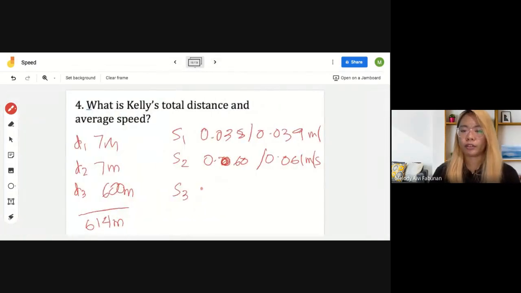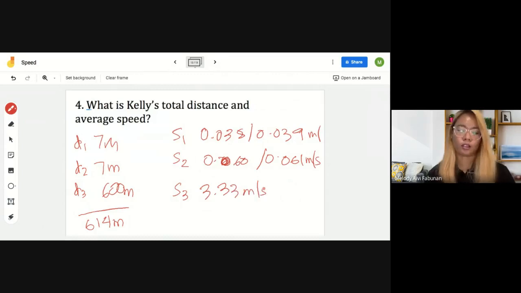And then the last one is 3.33 meters per second. So the final answer is, if I'm going to use the one that's not rounded off, 3.428 meters per second.